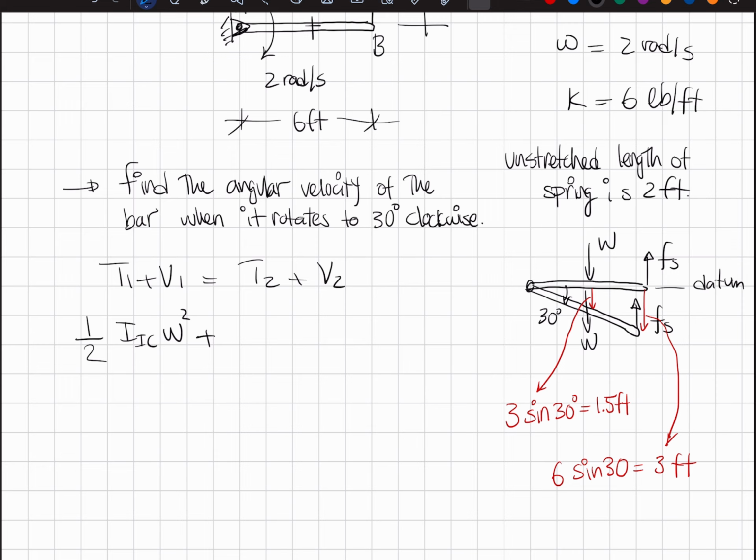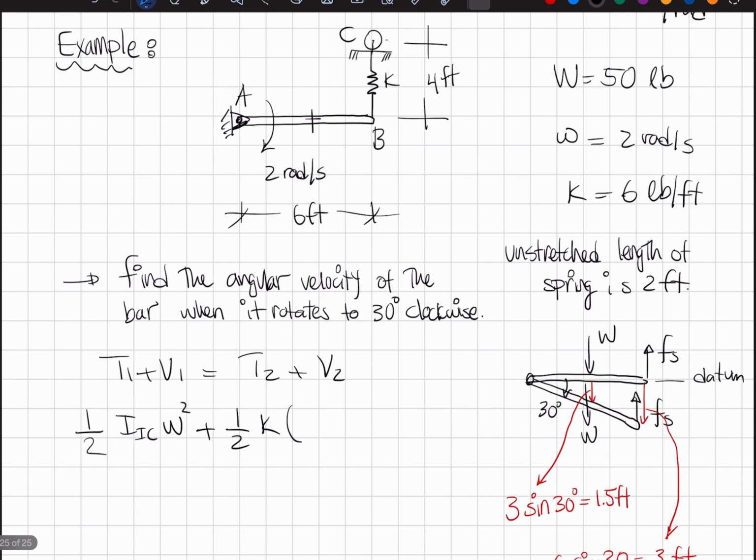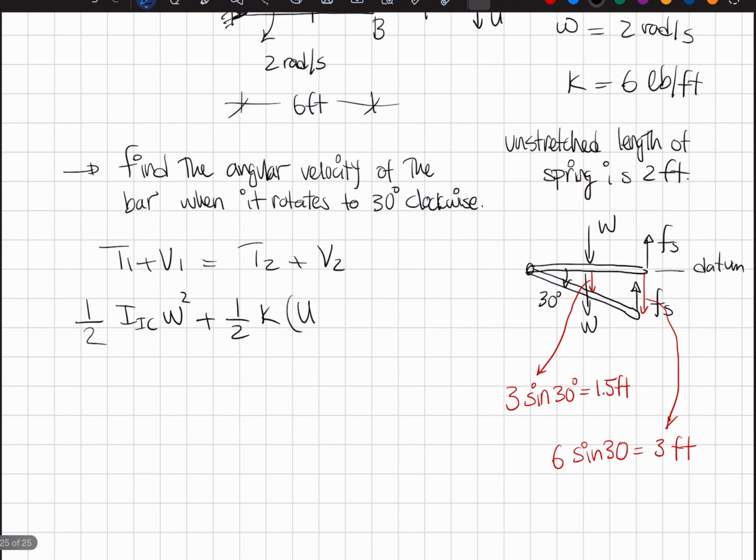So we have 1/2 K, and I guess what is a good term to use for stretch? We could say this is U. So we have U2 minus U1. U2 is the 4 feet stretch. U1 is the 2 feet stretch. We're going to look at it in more detail.